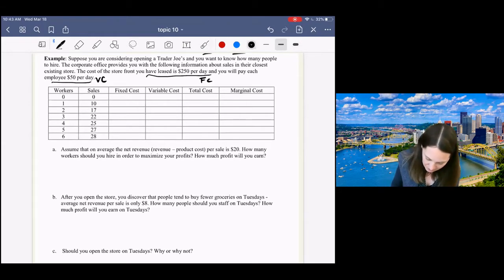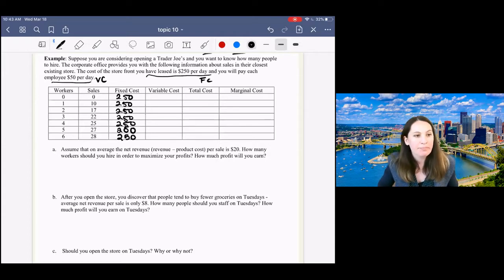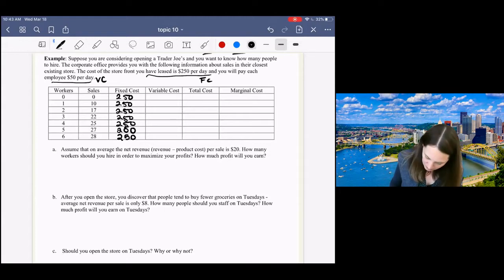All right, so fixed cost does not change depending on how much we produce. So that's 250, no matter if we sell no groceries or if we make 28 sales, always $250. Our variable cost, though, depends on how many workers we hire. We have to pay each worker $50 per day. So we're going to take the number of workers times $50, and that will give us variable cost.